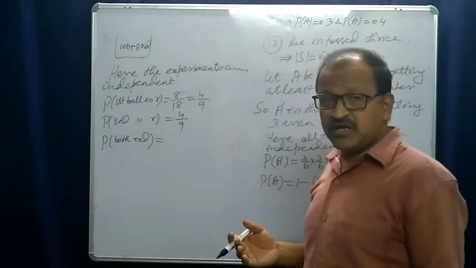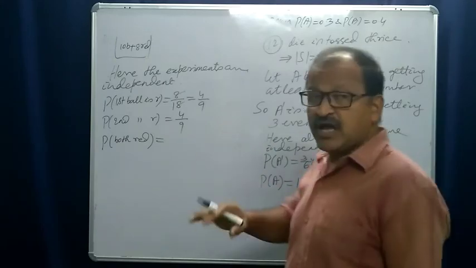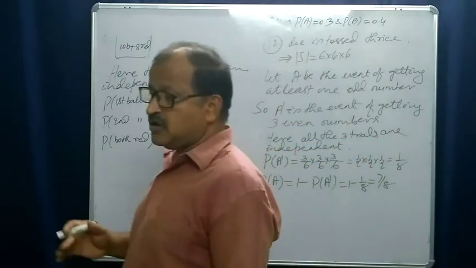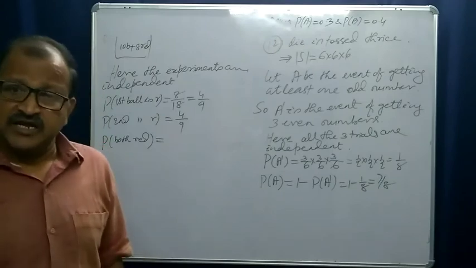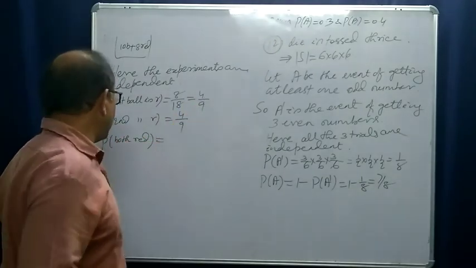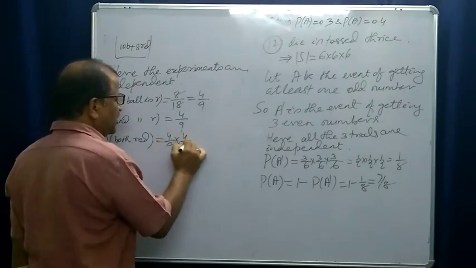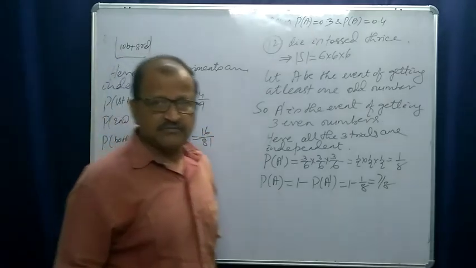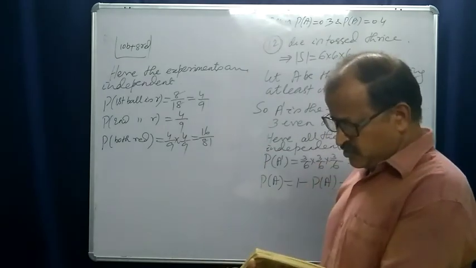I have already discussed independent experiments with you, and here the two experiments are independent. So in both cases it is 4 by 9, and both red is 4 by 9 into 4 by 9, that is 16 by 81, right? This is the probability that both the balls are red.